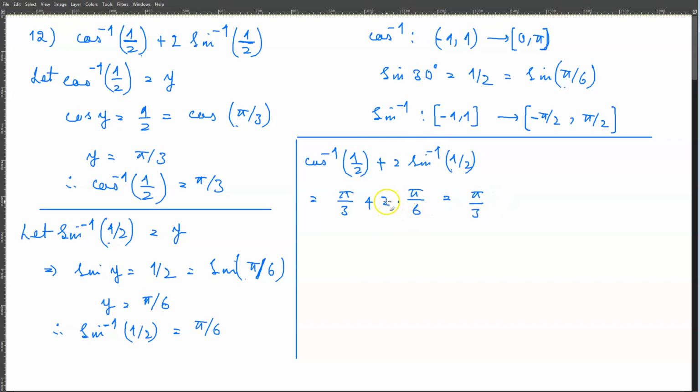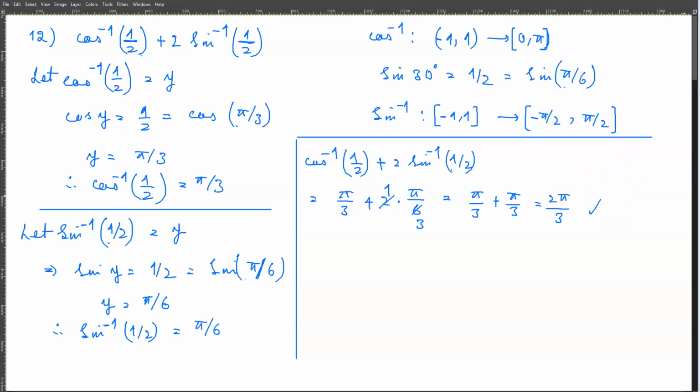Now this is divided by 2, 1 divided by 2, 3. 6 divided by 2 is equal to 3, so that's pi by 3 again, so that's 2 pi by 3. That is 2 pi by 3. That is the correct answer.